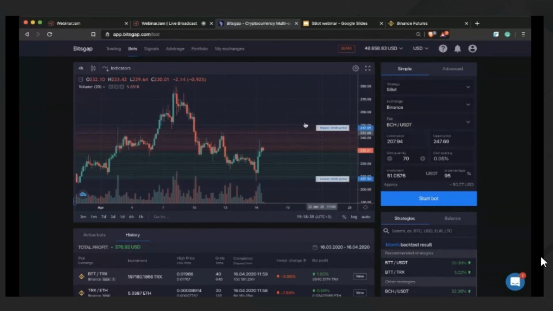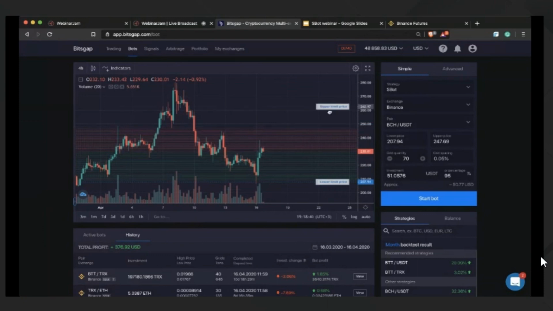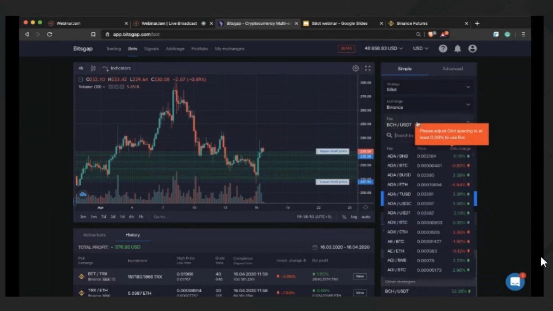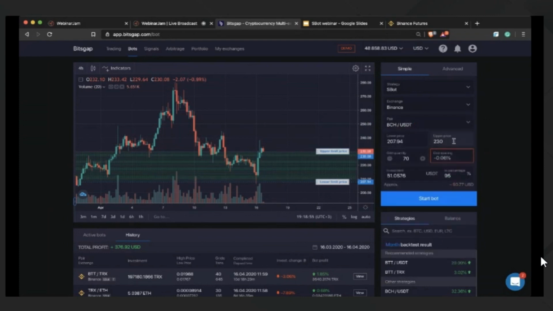So apart from manual adjustment, you can also specify the upper limit and the lower limit. So let's say I want it to be 230. Actually, wait. 240, for instance.